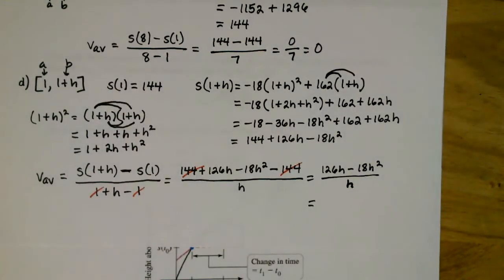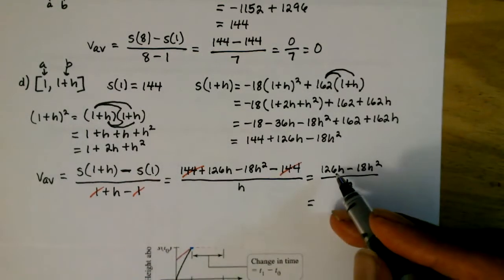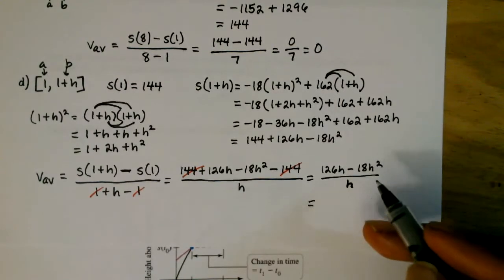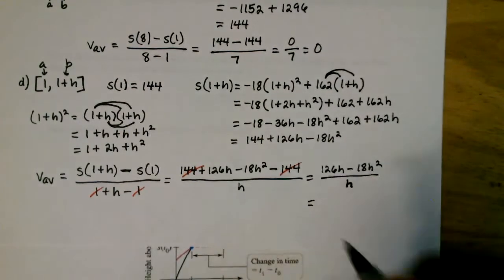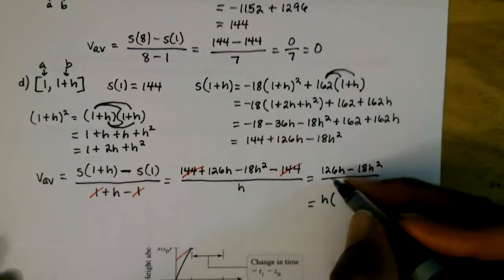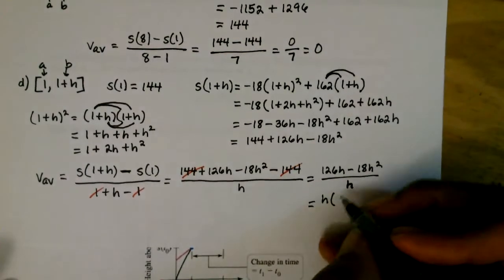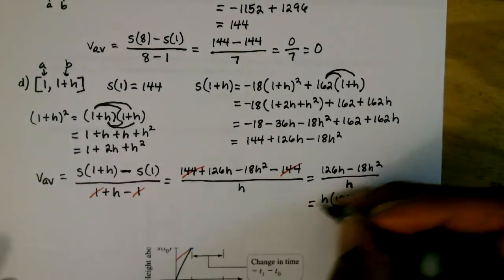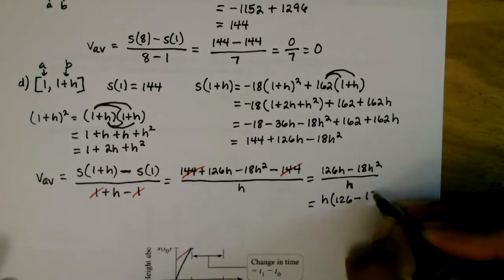And also, notice I got 126h and a minus 18h squared. There's a common factor that I can take out, which is the h. Okay, so I can factor out an h. That would mean 126h divided by h will be just 126, minus 18h squared divided by h will be 18h.